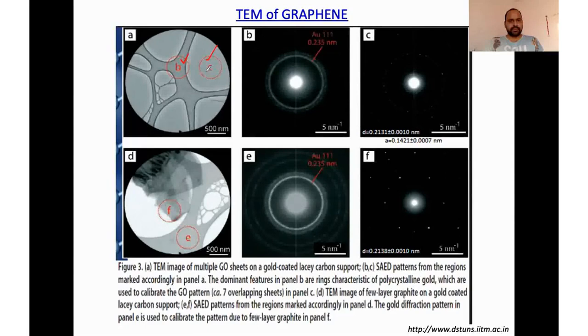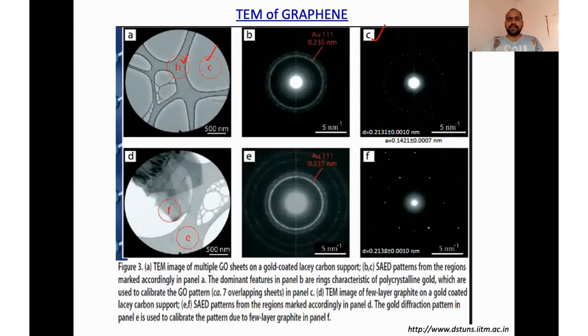When we scan it, one layer gives a hexagon, something like this. But once we have multiple layers, it forms a kind of circle, which proves that at this region there are many layers in graphene.